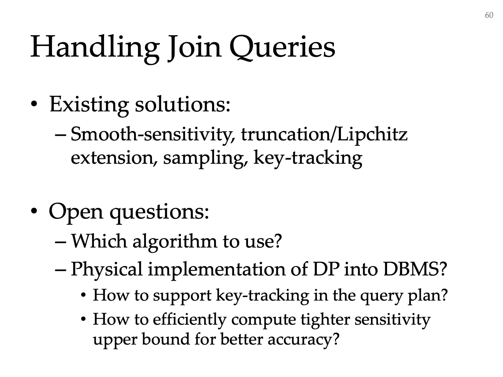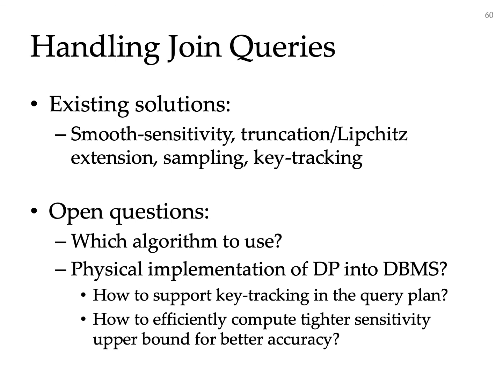So as a summary, there are various existing solutions for handling join queries with unbounded multiplicity. For instance, we may utilize smooth sensitivity, truncation, sampling, or use the key tracking approach proposed in the Private SQL paper. Additionally, there are some open questions as well.